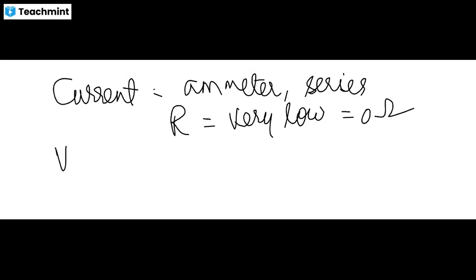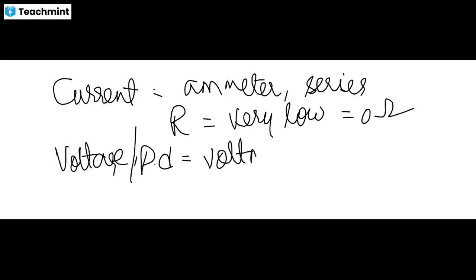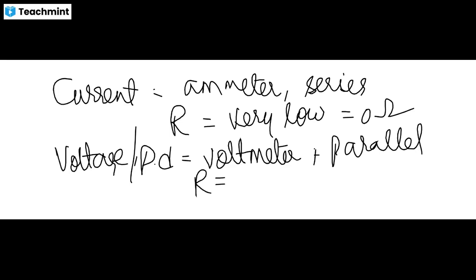Okay, then how is voltage measured? Voltage or potential difference, through a voltmeter. And how is it connected? It's connected in parallel. And what is the resistance of an ideal voltmeter? High resistance.